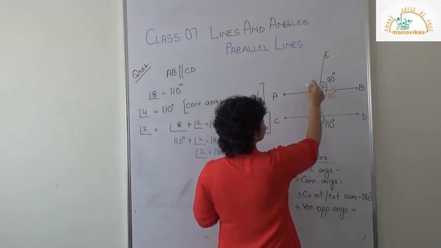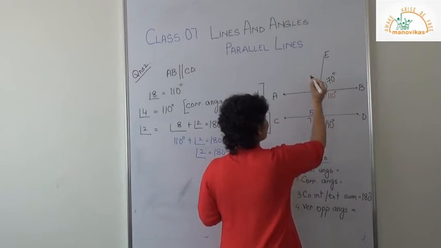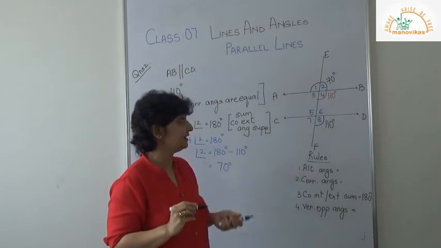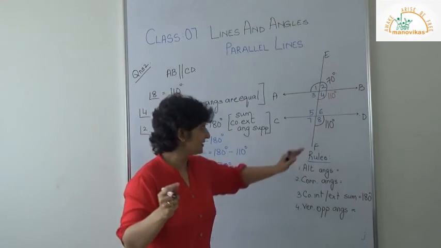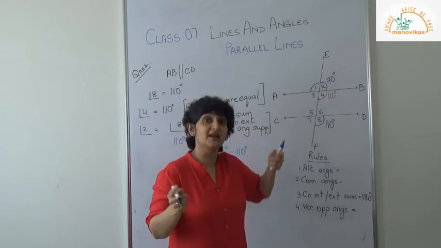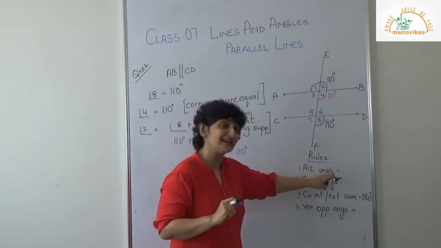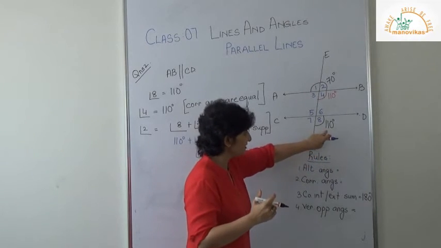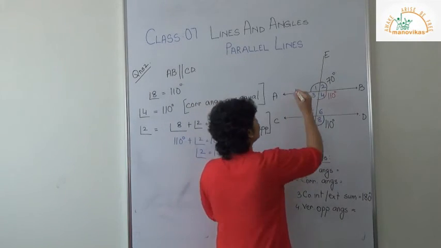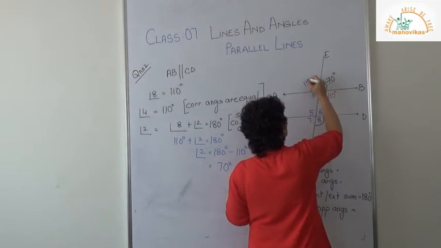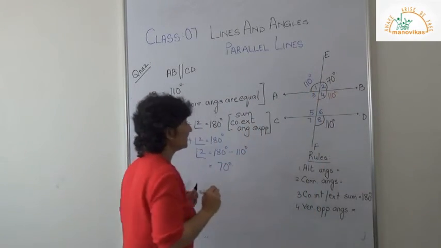I can get this, angle 1. Can you tell me what will angle 1 be? These are alternate. One this side, one that side. Alternate exterior angles. And what is the rule? Alternate angles are equal. So if this is 110, children, then this also will be 110. Correct?